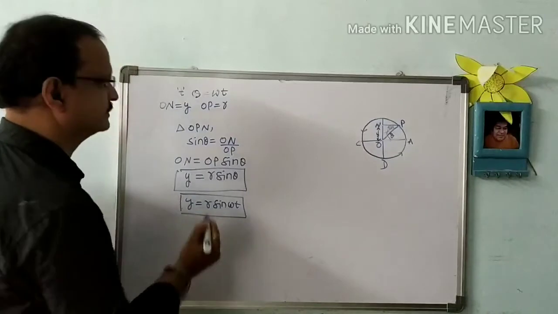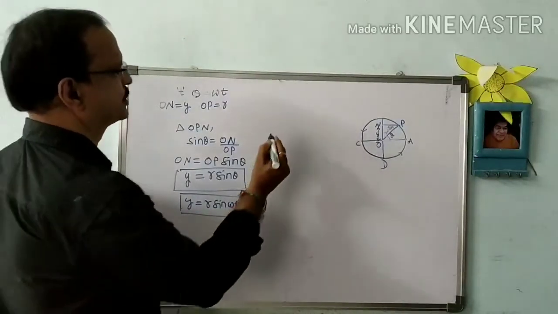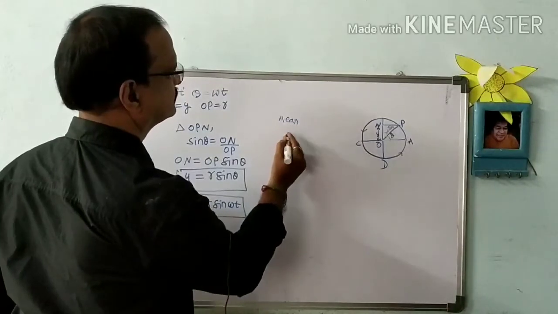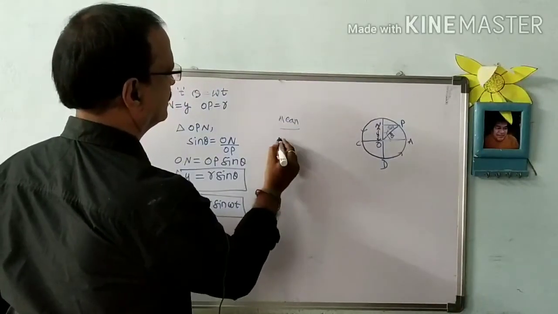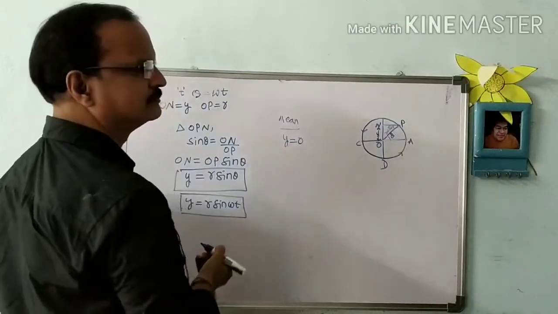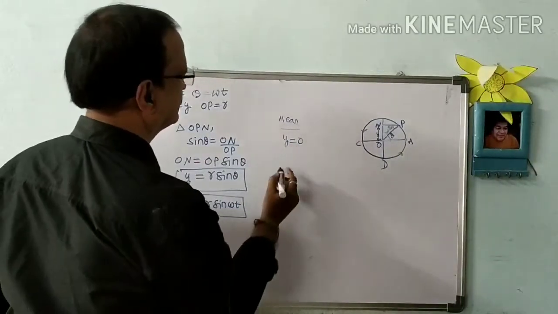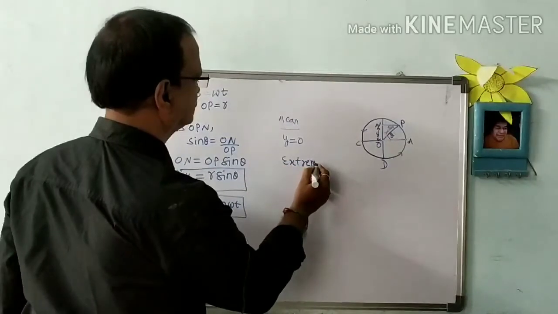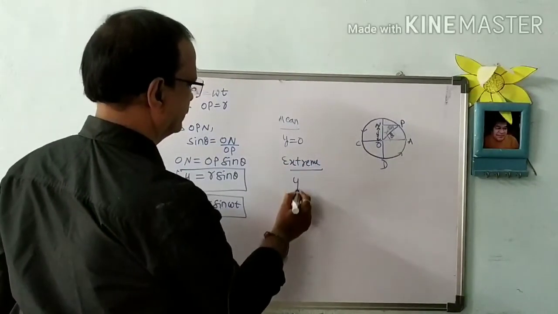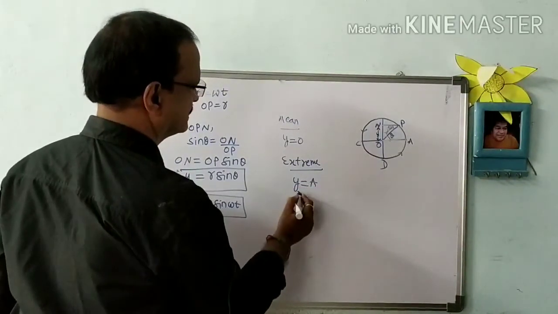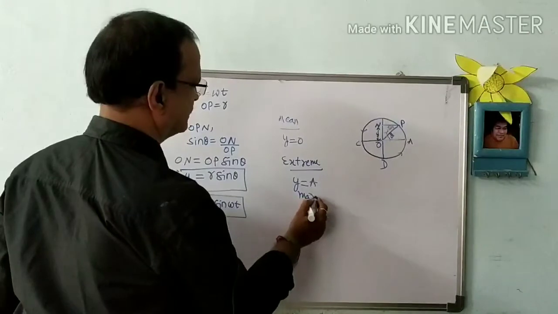So if you consider the mean position, y is equal to 0. It is at rest. At the extreme position, we have y is equal to A, that is, y is maximum.